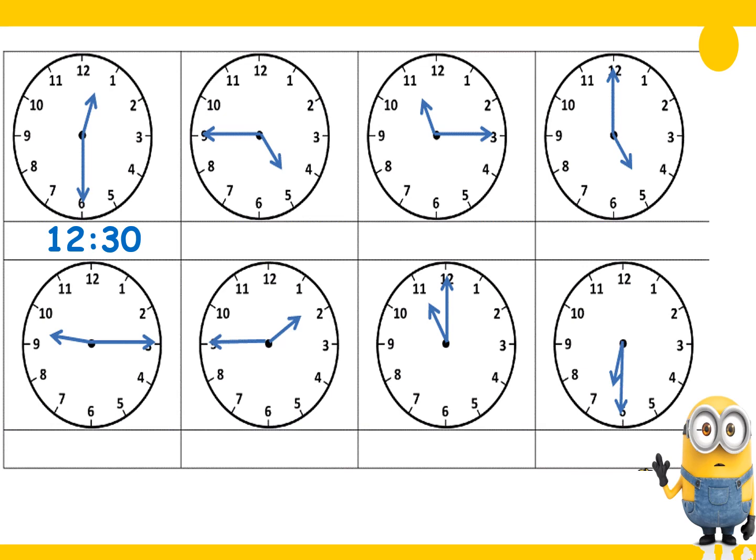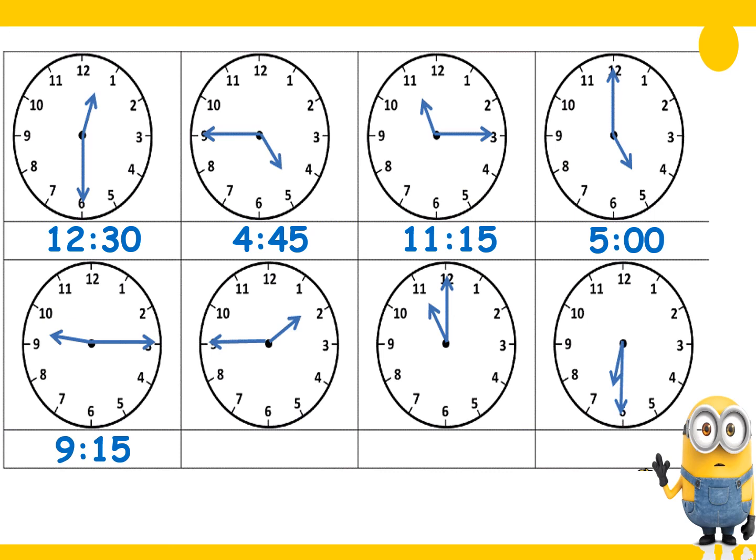Okay, let's go to the next one, which is 4 and 45. Excellent. And the next is 11 and 15. And the last one here is exactly 5, so it's 5 and 0. Okay, the next one, where is the short hand? On 9. And where is the long hand? On 3. So, can you tell me, primary 2, it's 9 what? 9:15. Excellent.